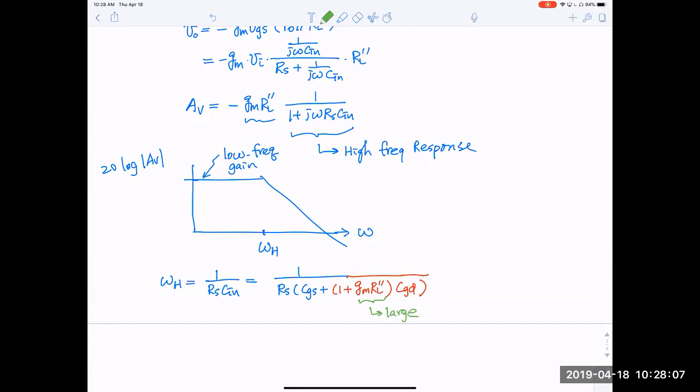So it's a large number. And you multiply it by CGD, which normally is small. Now you have boosted it up by this DC gain. So now you have significant RC loading. Okay, question?